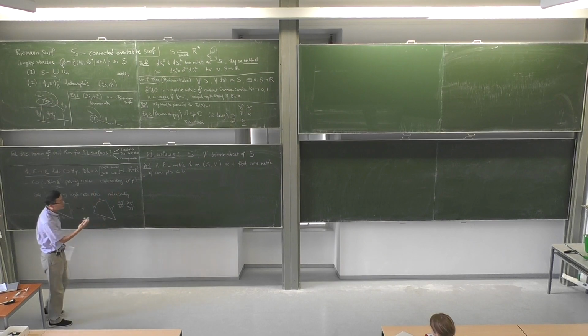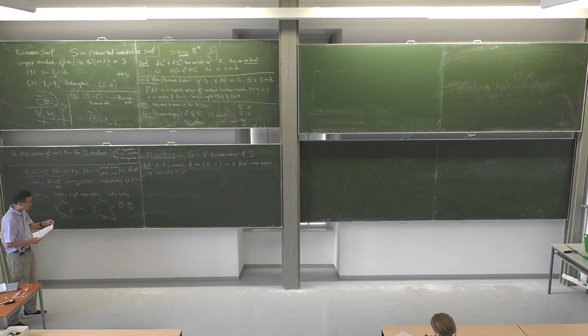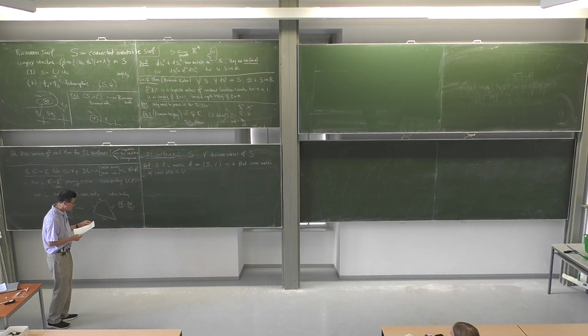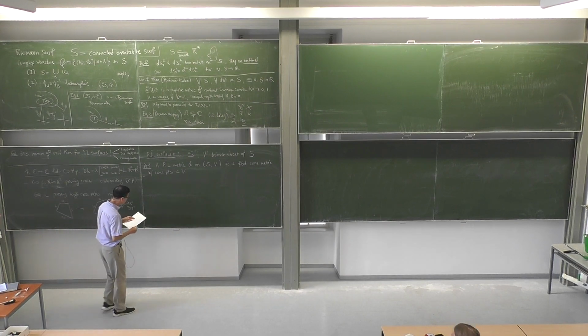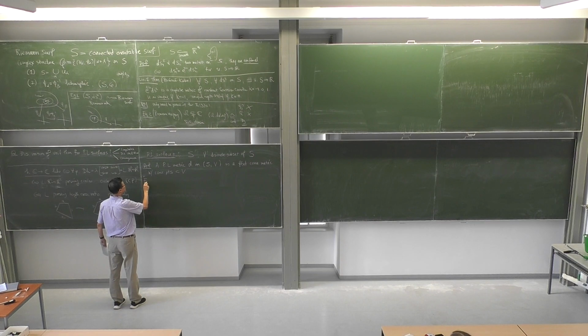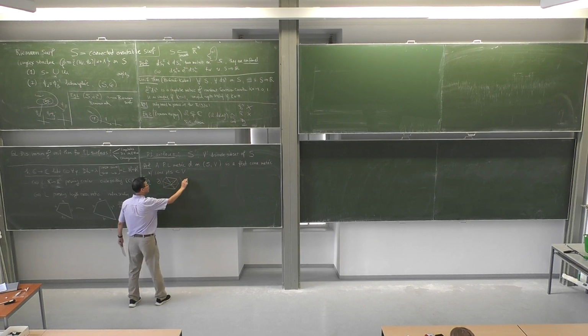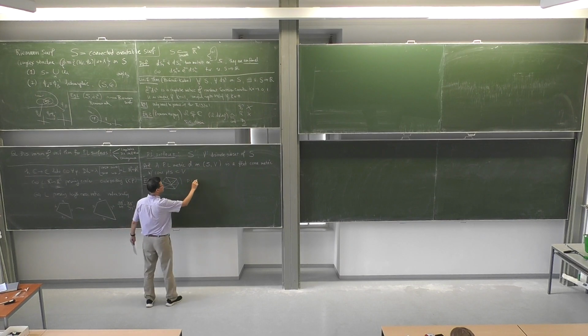So V basically captures the cone points, the singularities of this flat metric. And so the examples are like the boundary of a convex polytope in three-dimensional space, something like that. These are PL surfaces.